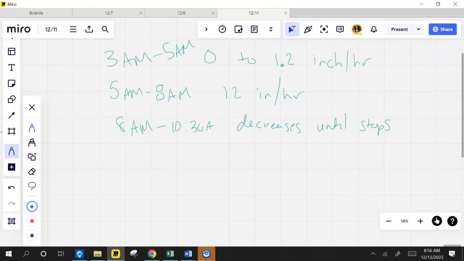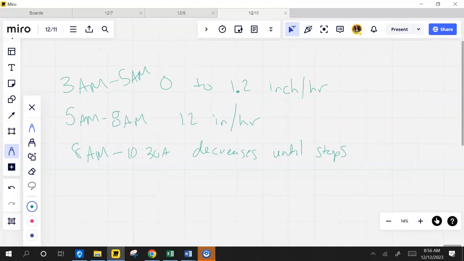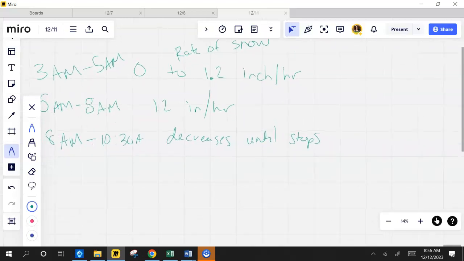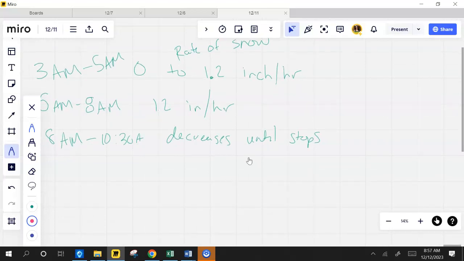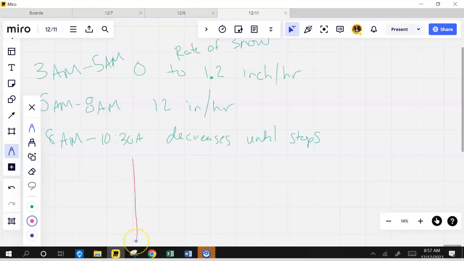Okay, so that's saying that the rate of snow goes from 0 to 1.2. So here's the way I'm gonna think about it. It is slope, but I'm graphing the slope. This is a little different, let me show you.